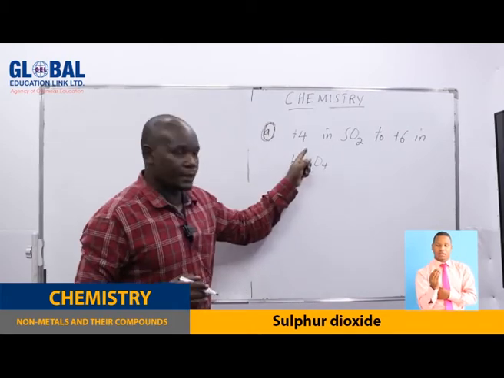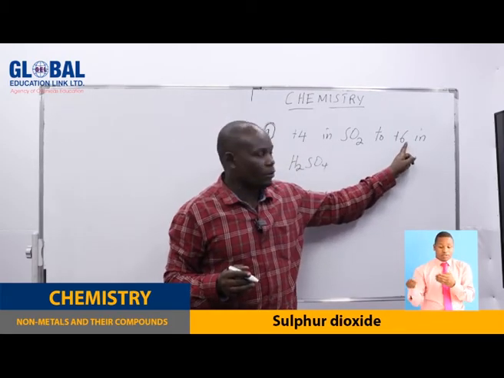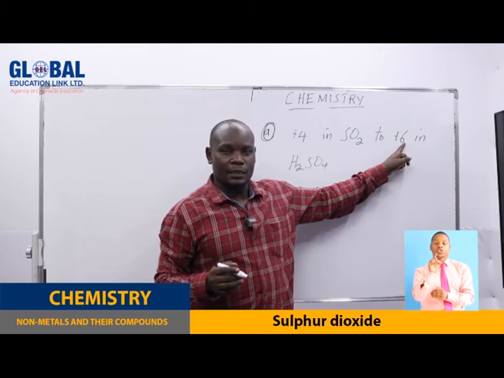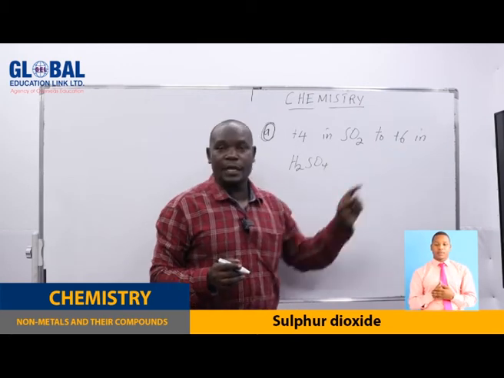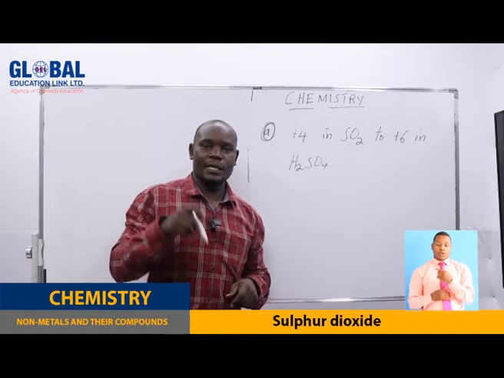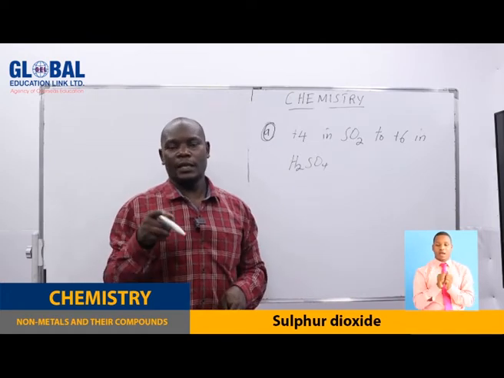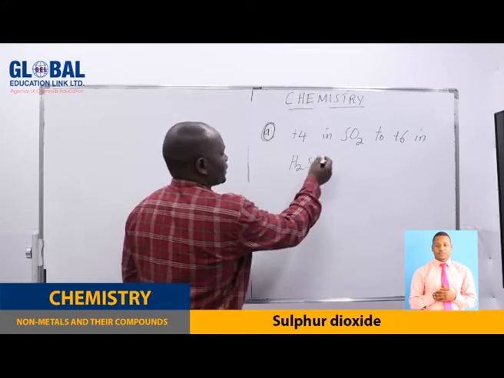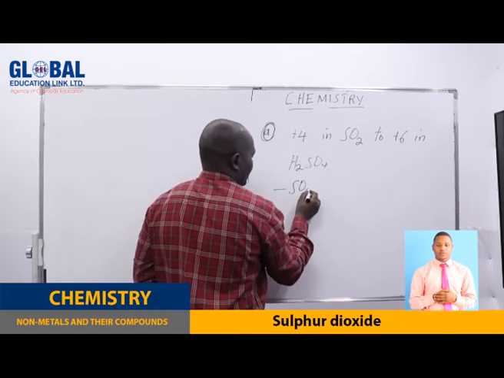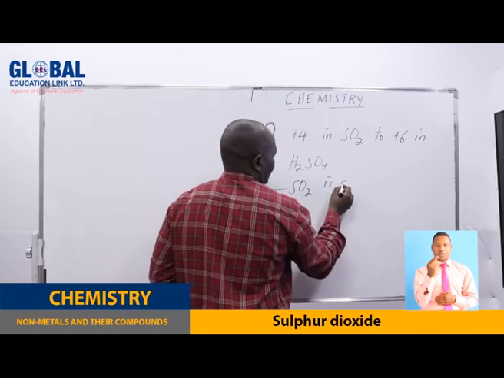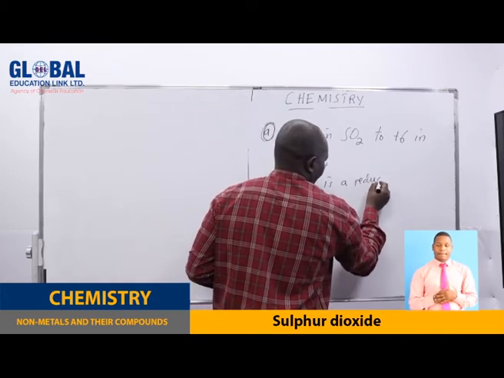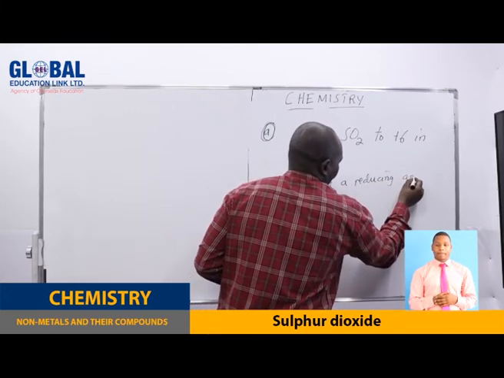Do you see that there is an increase in oxidation state? So here it is a reducing agent, because any substance which gets oxidized during the reaction is a reducing agent. So here sulfur dioxide is a reducing agent.